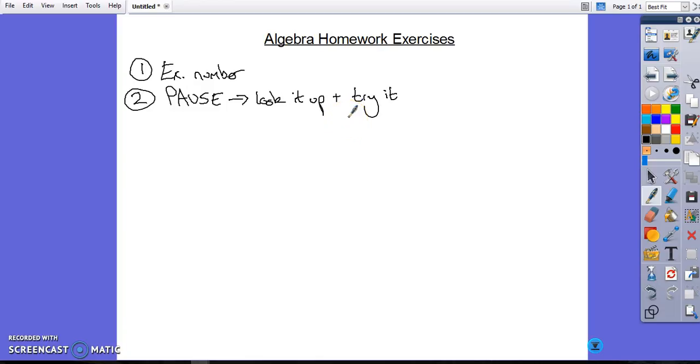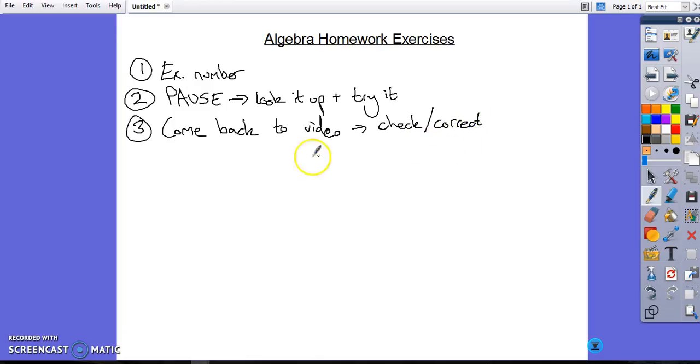You'll get a lot more out of the video if you try it yourself first and then come back to me and see how I do it. Then it will give you an opportunity either, if you could do it fine yourself, to check your answer, or if you were having trouble, to see how to do it. So then 3, come back to the video, check and correct.